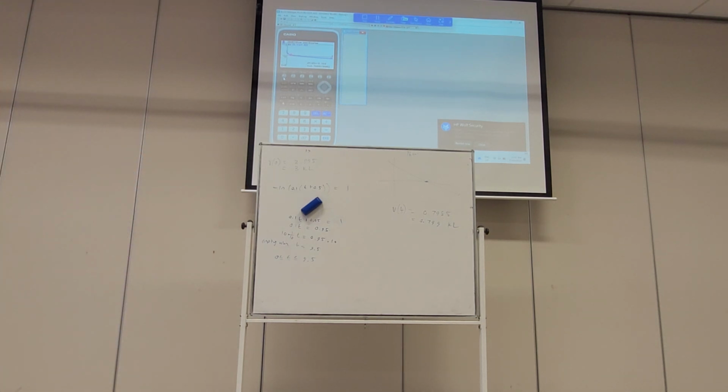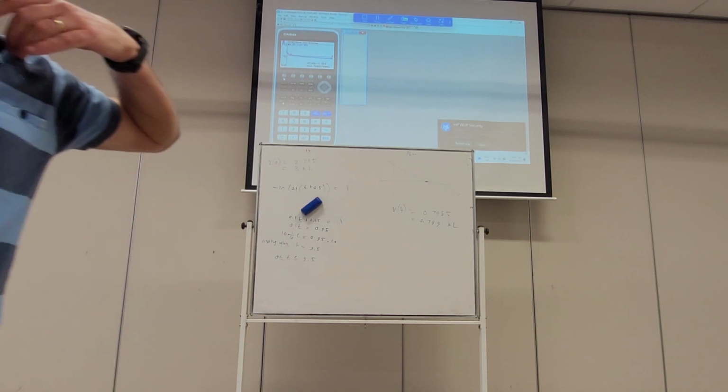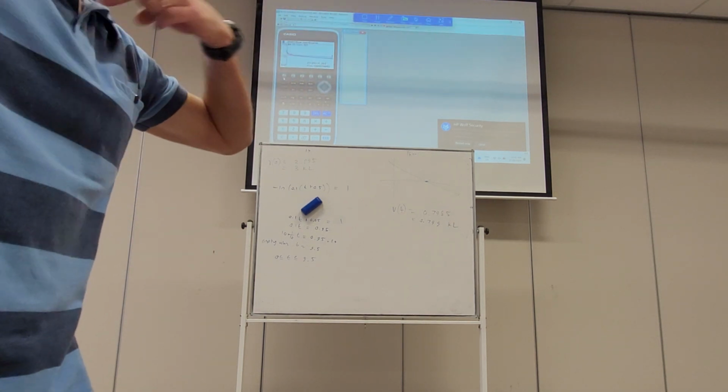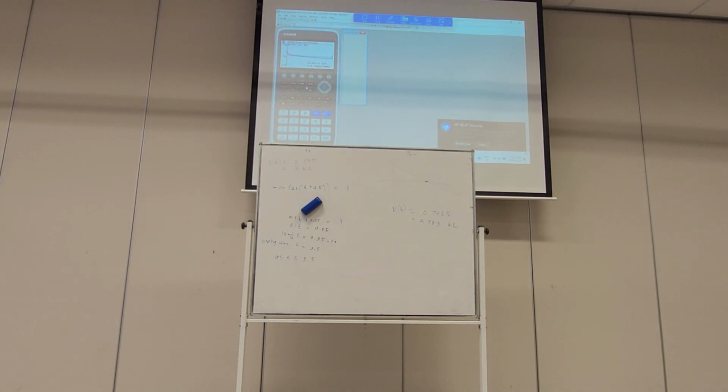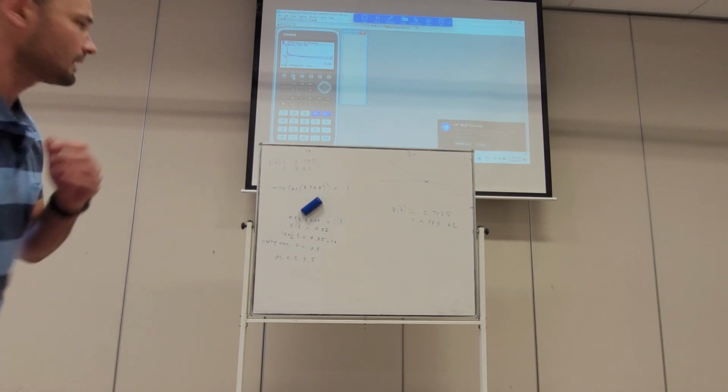We want to know when. When is a question about time. Time is on our x-axis. So we're going to G-solve, and now we're not just tracing along, we're doing an x-calc. We want to know when the volume is 1. When is that? We've got 3.178.